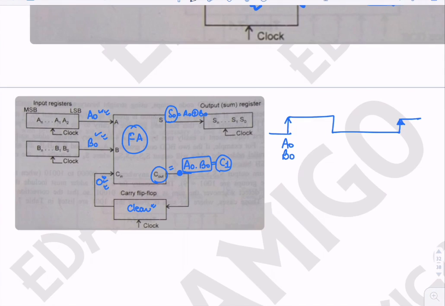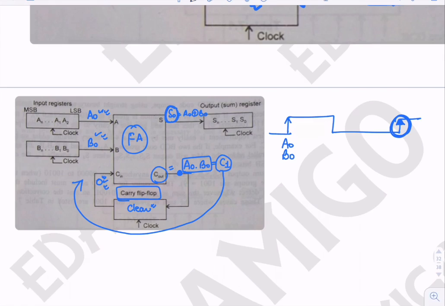Now at this tick of the clock, this C1 is produced at the output with the help of this flip flop.